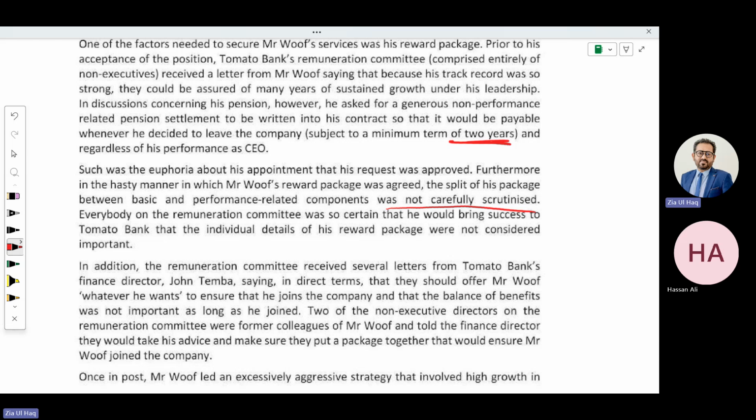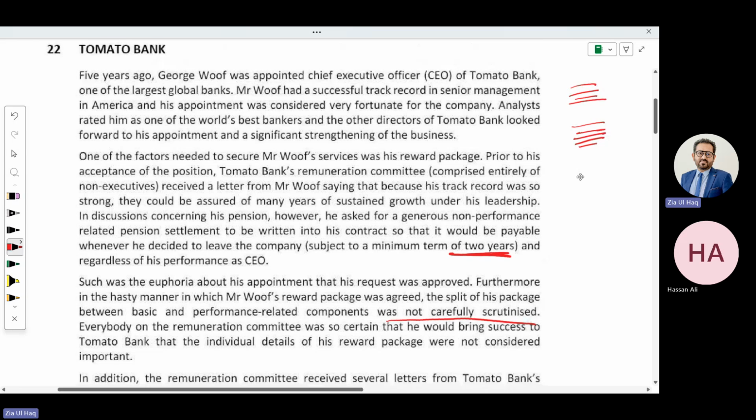Means they haven't considered all the elements of a reward package. Might be they haven't included any performance related element. They have just assigned him fixed elements like basic salary and pension. So one point we can make for elements of reward package.